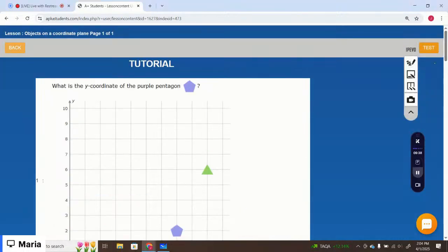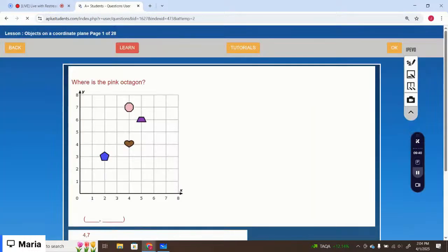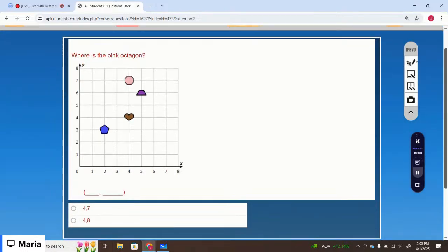Okay, let's just start with the test question. Where is the pink octagon?